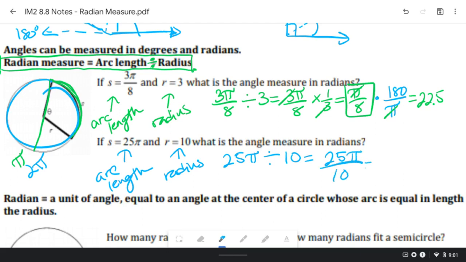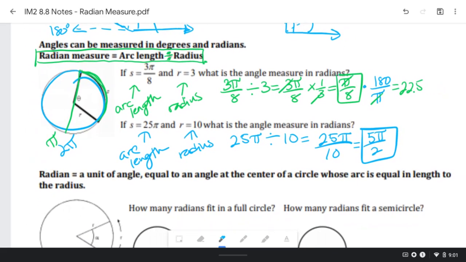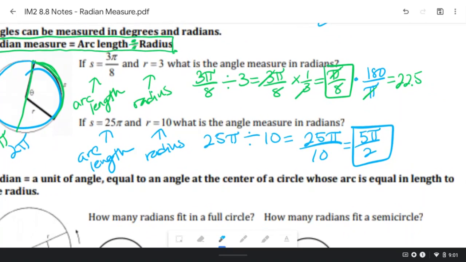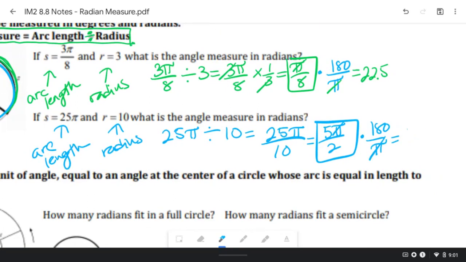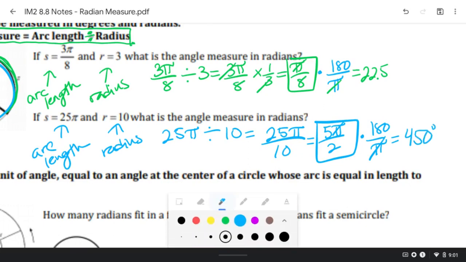And then if you reduce that by 5, you're going to get 5 pi over 2. And if I want to see how many degrees that would be, I multiply that by 180 over pi. The pis cancel out. And that's 450 degrees, which means it goes around the circle once and then a little bit more after that.